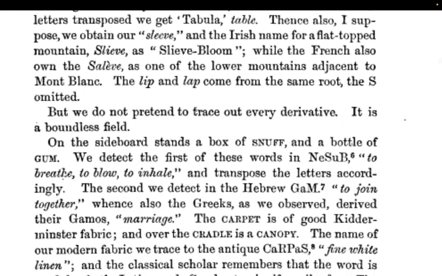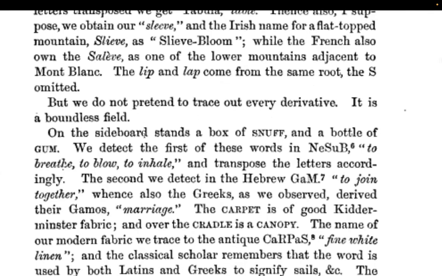The lip and lap come from the same root, the S omitted. Because slip and slap are already words, they dropped those to keep the meaning with what was left of the root. But we do not pretend to trace out every derivative. It is a field boundless.